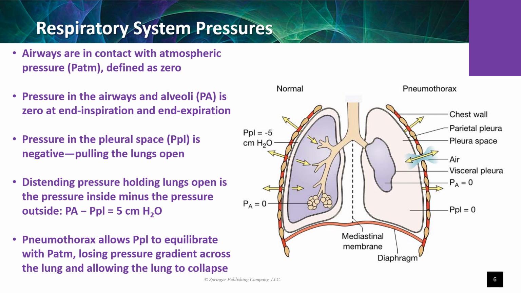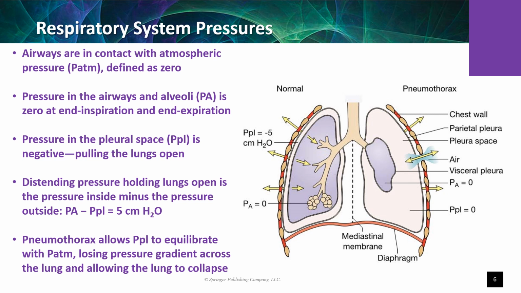In this image, the volume of air inside the lungs at end expiration is determined by two factors: the elastic recoil tendency of the lung to collapse down, and the tendency of the chest wall structures to expand outward. The balance between these tendencies creates a negative pressure in the pleural space that holds the visceral and parietal pleura together.